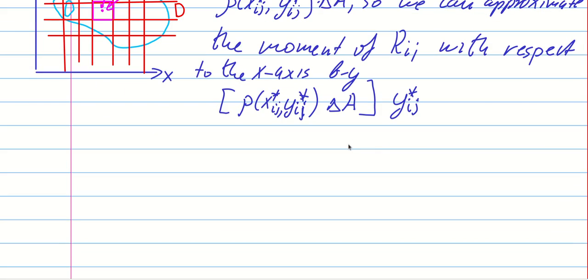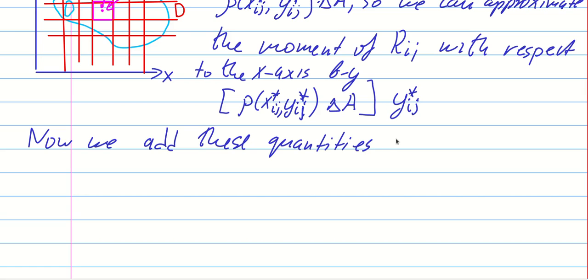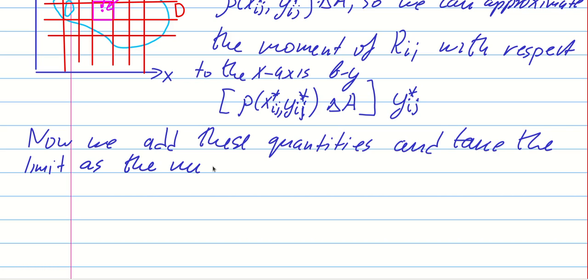So now we just need to add these quantities up, and take the limit, like we always do, as the number of rectangles becomes large.